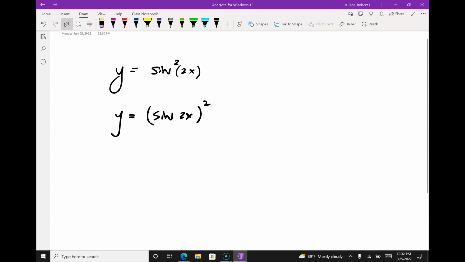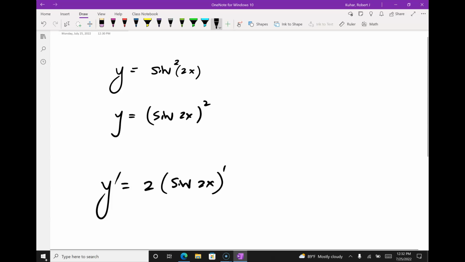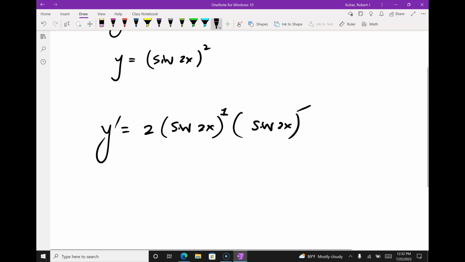So you're not wrong saying that there is an inside function of 2x, but it's not the one I want to deal with first. So y prime is 2 times the sine of 2x, now to the first power, because I took a power down, right? Now I'm doing the derivative of the inside function.